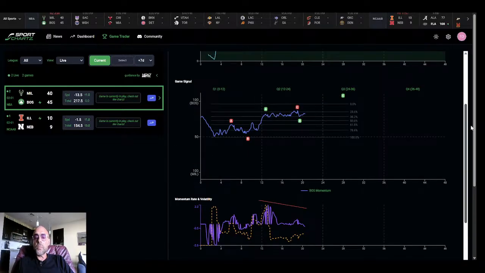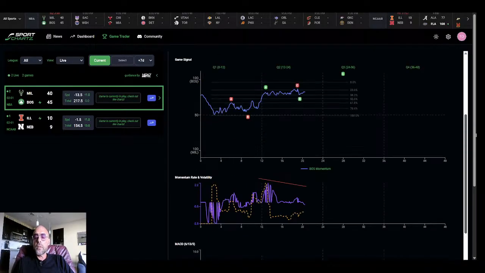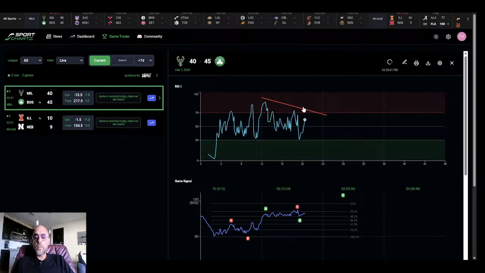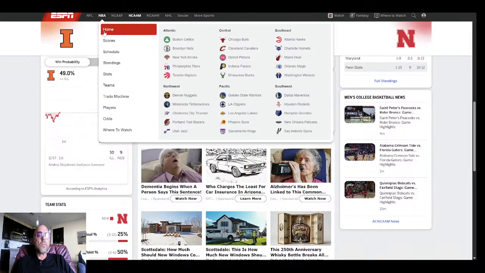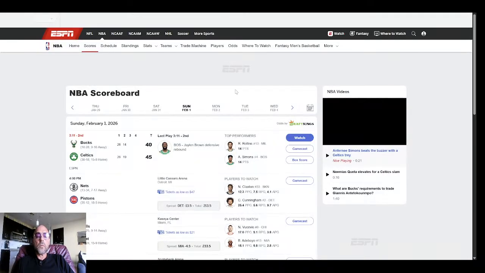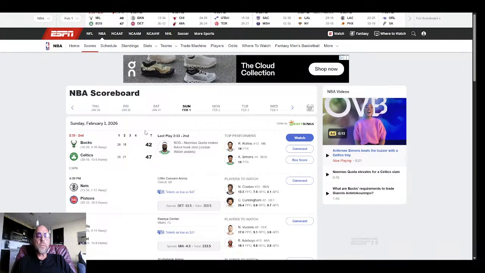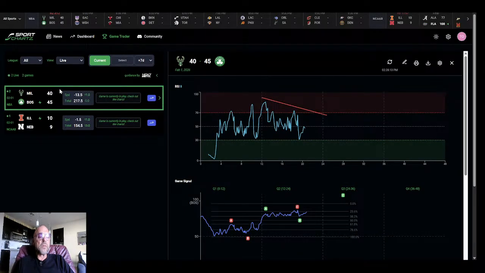Oh, MACD's curling back up a little bit there. Oh, back to 5. Back, back to 5. 42, 47.